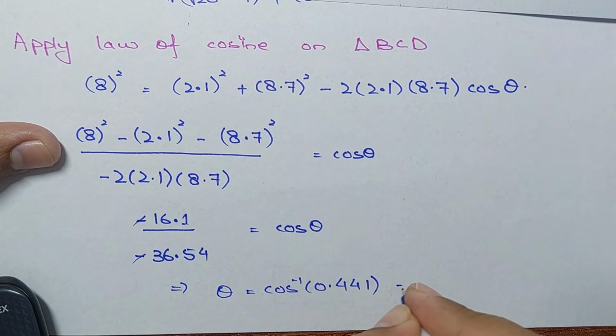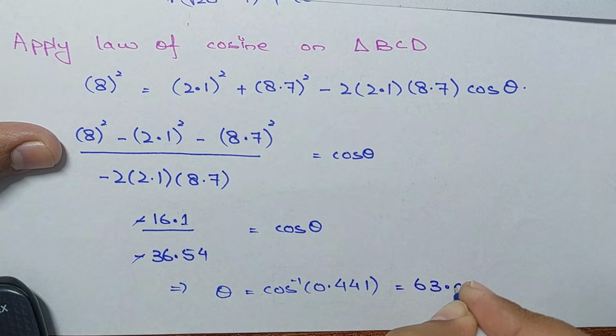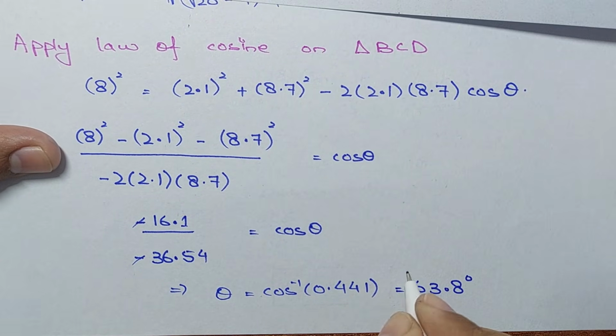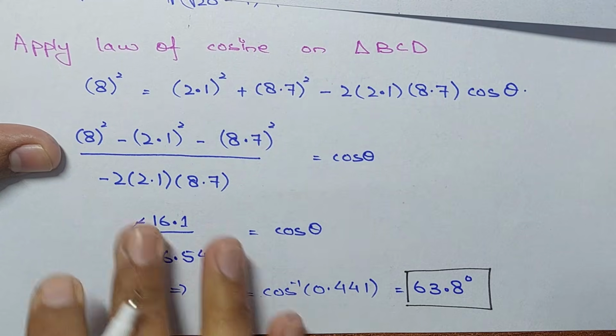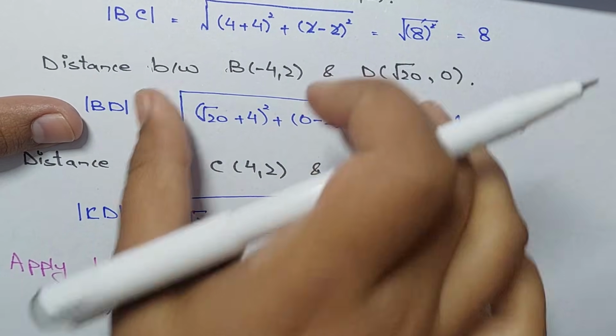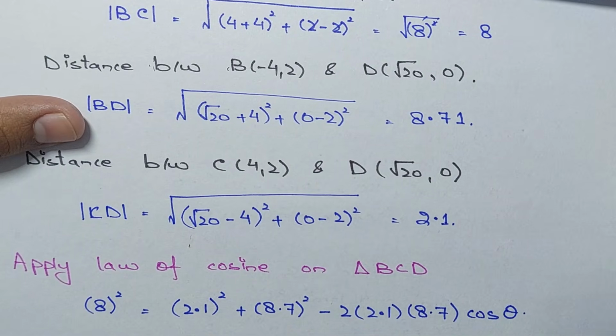So this angle we can say is 63.8 degrees, but in the marking scheme it is 63.4 degrees, right? This error is basically when you round these two numbers, or if you keep it as it is, you will get the exact answer, right? So that was the last question of our paper.